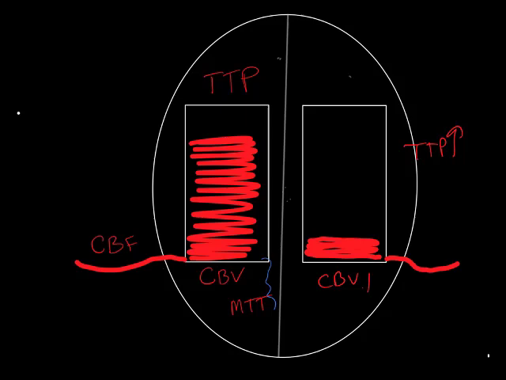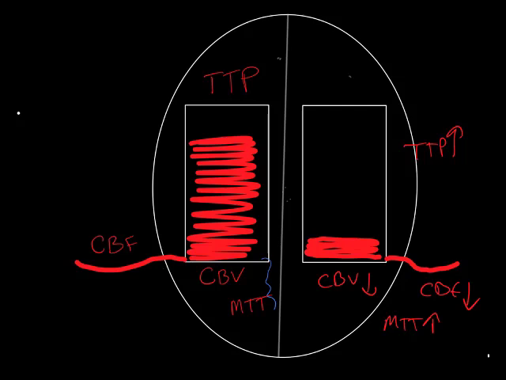Cerebral blood volume was low, cerebral blood flow was low, and the time it took for that little blood cell to hang out before it left the veins was also very long. So the mean transit time was high.